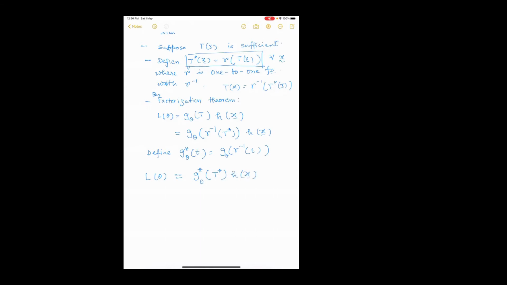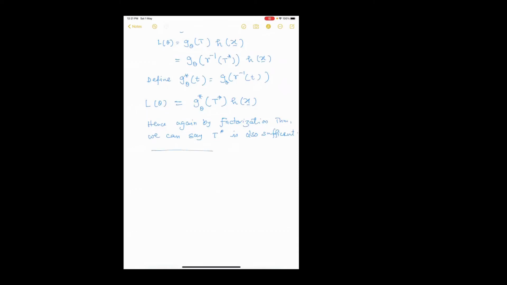Hence, again by the factorization theorem, we can say T star is also sufficient. So that's all we need.